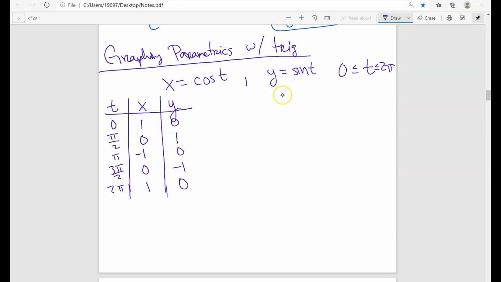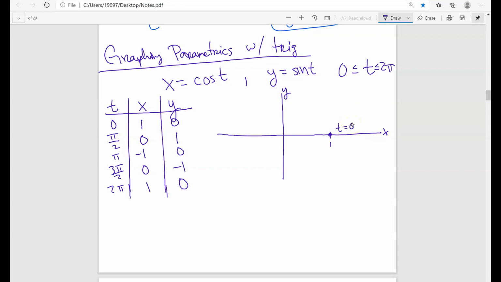Okay, so let's go ahead and graph it. So remember that t in this case are your angles, so you have t equals 0, right? So at t equals 0, you're going to have the point 1 comma 0. Which is basically here. Let's just say this is 1 comma 0. So this happens at t equals 0.